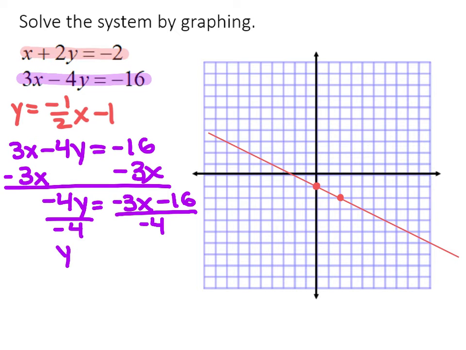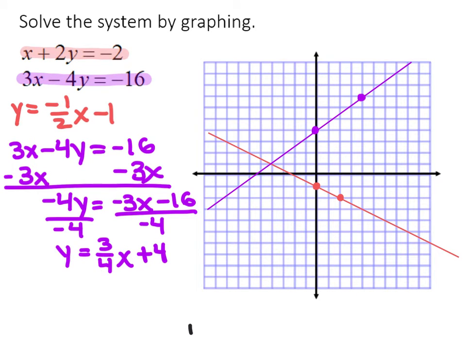So I'll have y equals negative 3 divided by negative 4 becomes positive 3 over 4 x, and negative 16 divided by negative 4 becomes plus 4. So I can graph my line by plotting my y-intercept, using the slope to graph another point, and then drawing in the line.